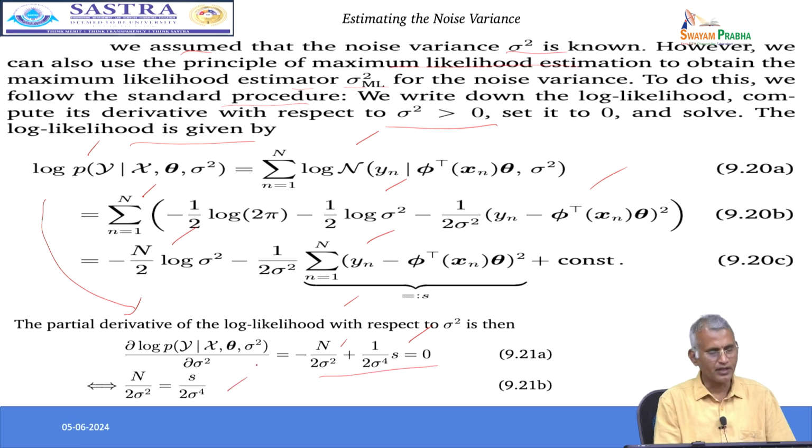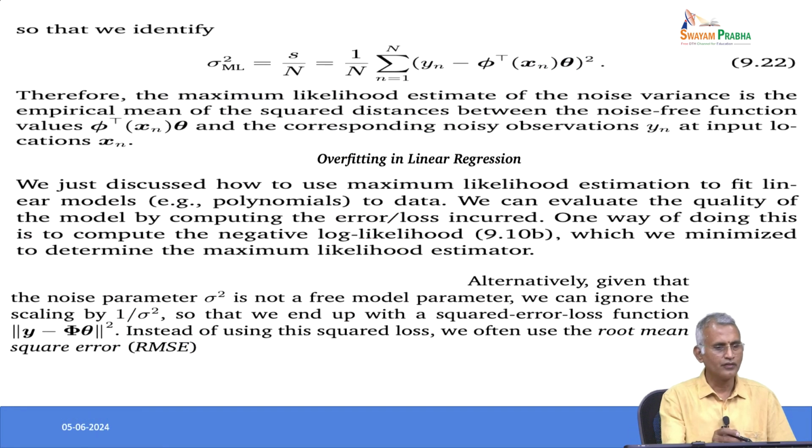Therefore, equating them, N by 2 sigma square equals s by 2 sigma power 4. So, we identify that the maximum likelihood sigma square is equal to s by N, which is equal to 1 by N into summation n varies from 1 to N of yn minus phi transpose xn into theta the whole square.